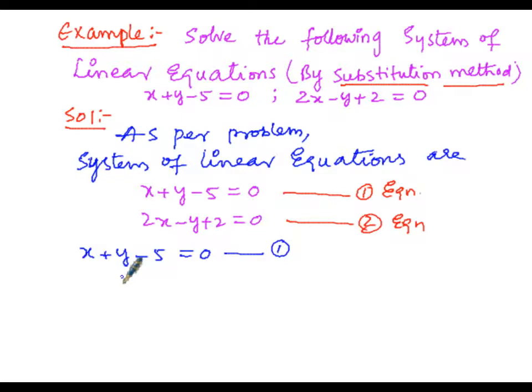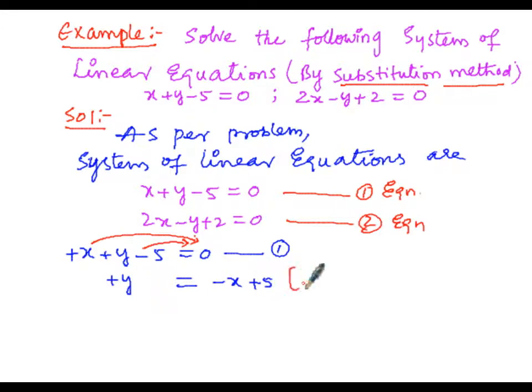So, plus y equals, here I want to transpose plus x as well as minus 5 to the other side. The x coefficient is 1 and the sign is positive. When plus x is transposed over to the right hand side it becomes minus x, and when minus 5 is transposed over to the right hand side it becomes plus 5. So, I got this logical step.